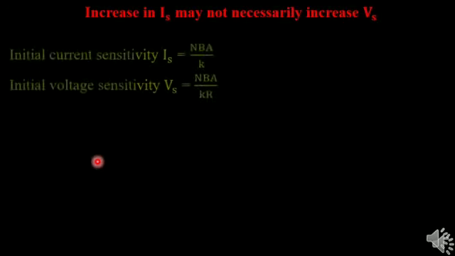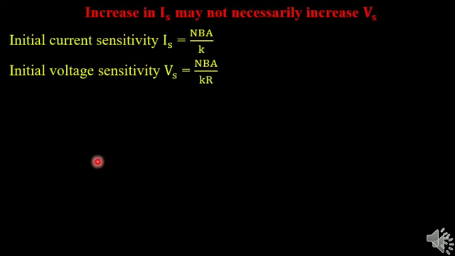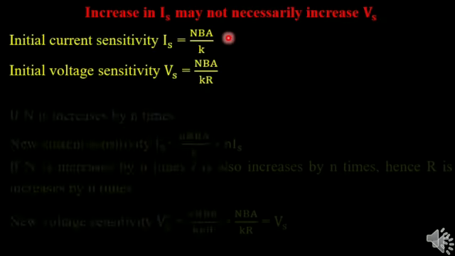Increase in current sensitivity may not necessarily increase the voltage sensitivity. The initial current sensitivity of a galvanometer Is equals NBA divided by K, and the corresponding voltage sensitivity is Vs equals NBA divided by KR.